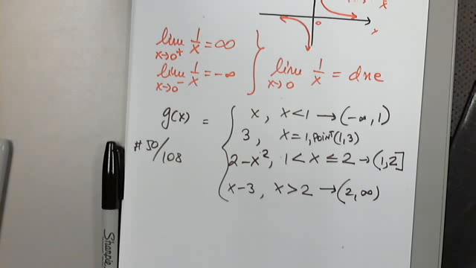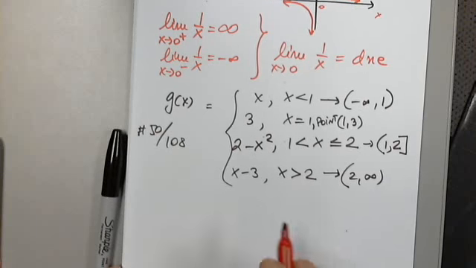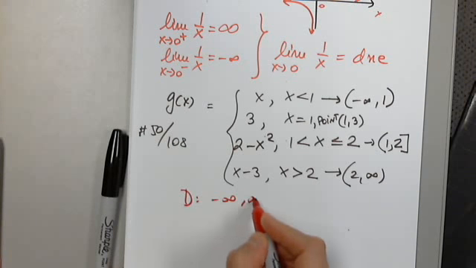If the function is not defined on all real numbers, then I have to present some gaps. If there are no gaps, then it's defined everywhere. So I see it's defined to the left of 1. It's defined at 1. It's defined to the right of 1 between 1 and 2. It's defined at 2. And it's defined to the right-hand side of 2. So I conclude that the domain of this function is very good, all real numbers.